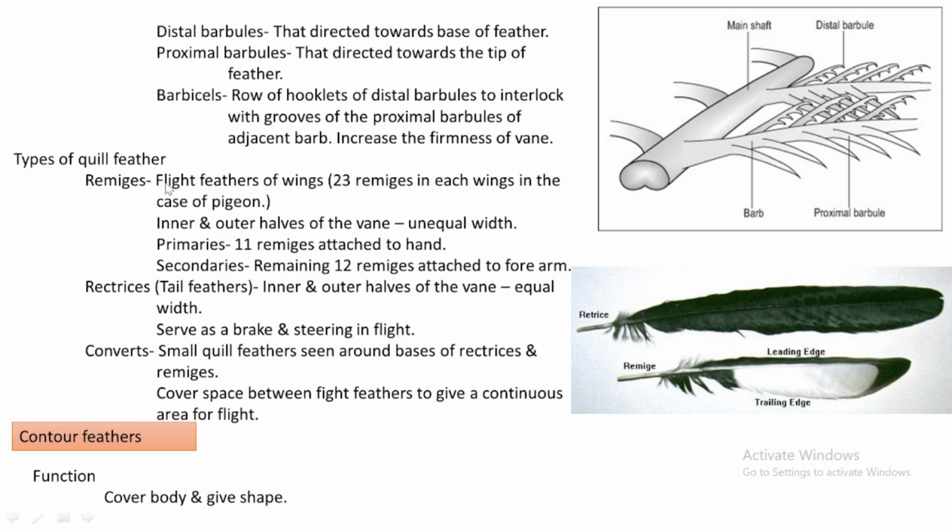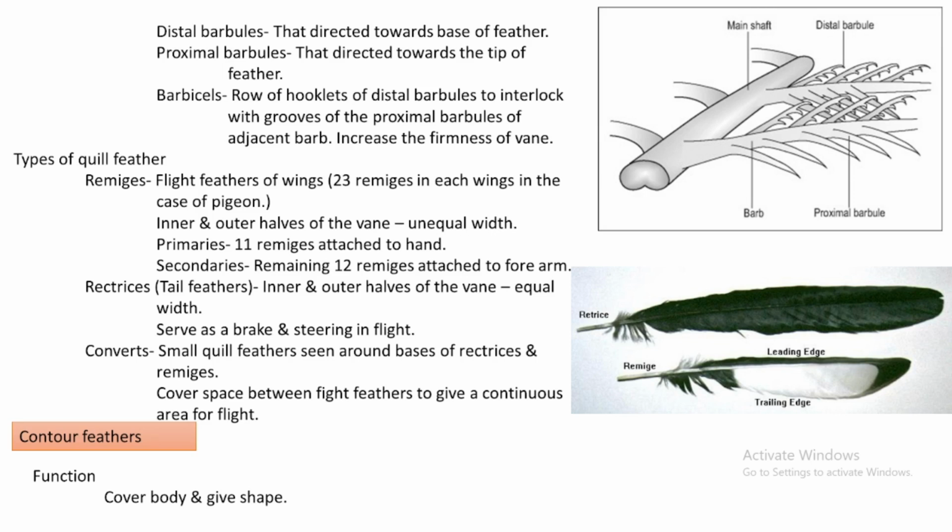Okay. Remiges are those feathers that are present in the wings. 23 remiges are present on each wing. The inner and outer halves of the vane of these remiges are unequal, having unequal width.